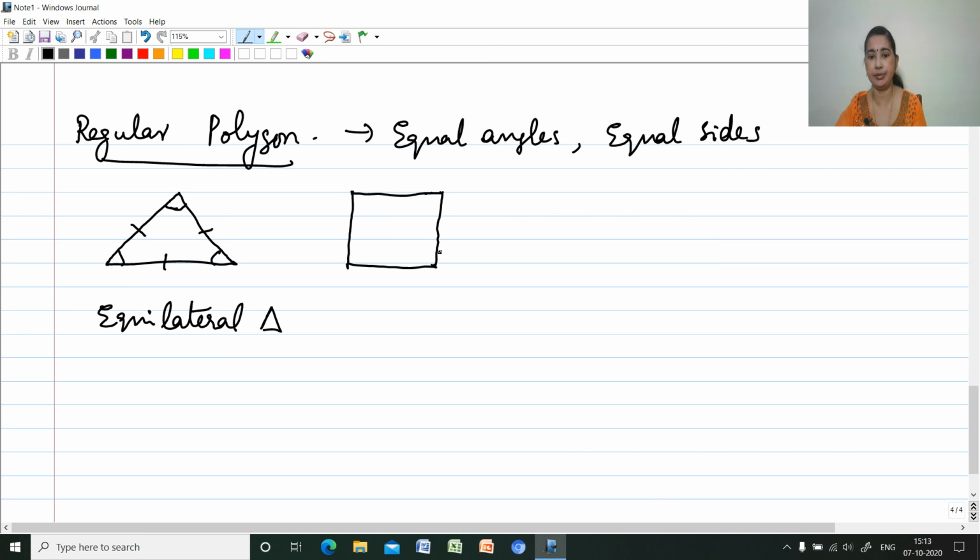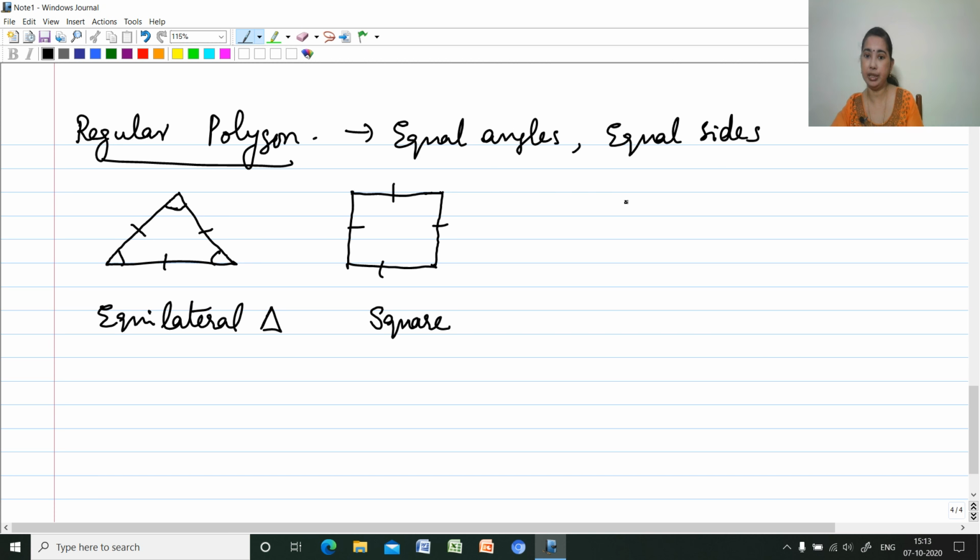All the four sides will be the same, and all the angles also will be the same. So among four-sided figures, the regular polygon is a square. Among three-sided figures, the regular polygon is an equilateral triangle.